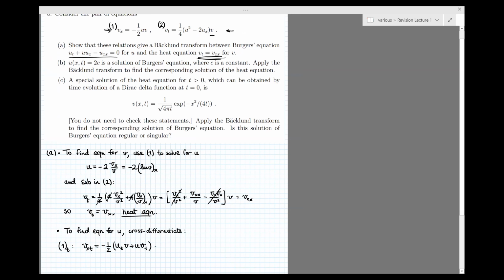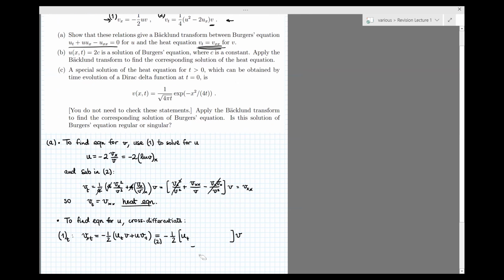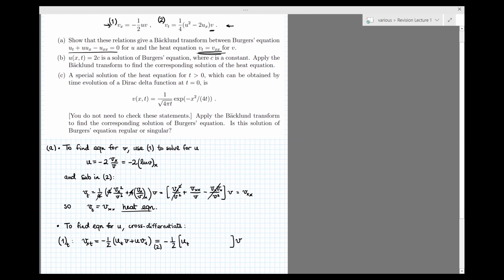And then we can use equation 2 to plug in an expression for Vt. So we'll get minus half Ut, and then I will factor out V plus U times Vt, but Vt is given by expression 2, so we get plus 1/4 U times (U squared minus 2Ux), which all multiplies V.